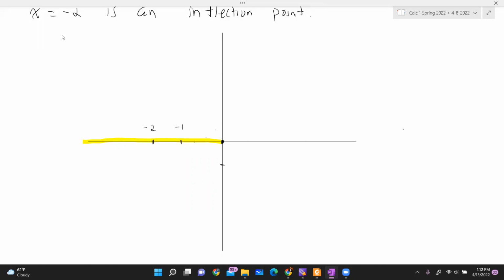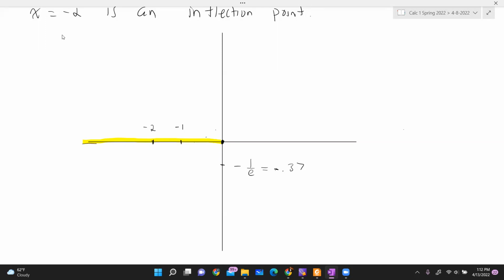So that's where the concavity changes. And right here is where the minimum happens. It's at negative 1 over e, which, as I said above, is approximately negative 0.37. And then we have this x-intercept here. And as x goes out to infinity, it gets arbitrarily close to the x-axis.